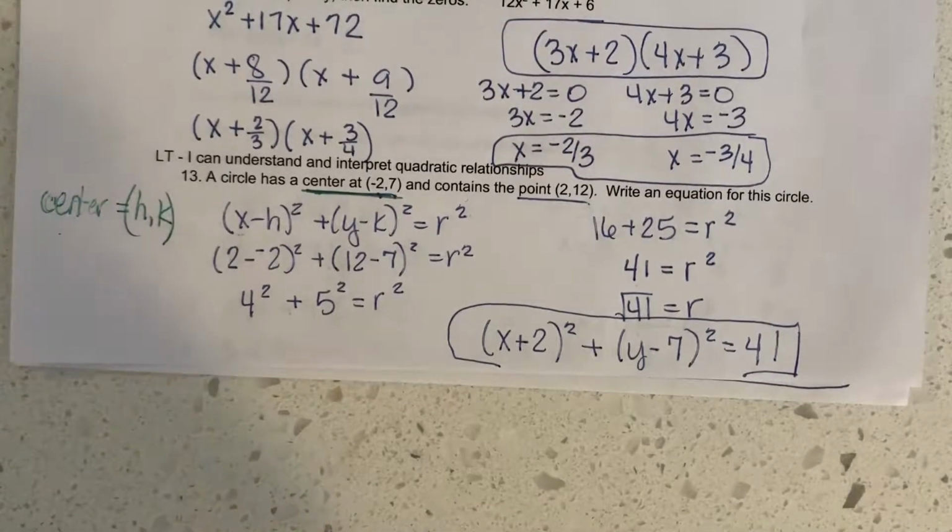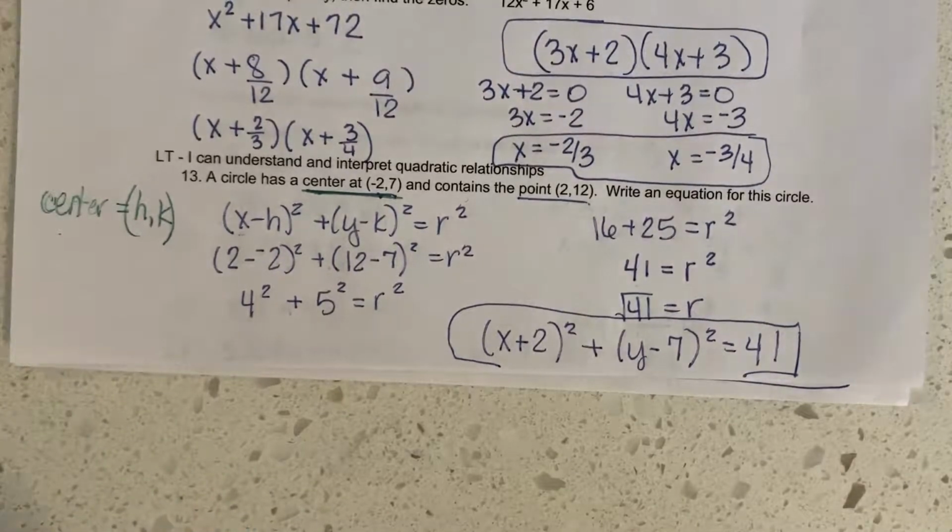Guys, Algebra 2 Regents is the hardest Regents there is, and it's so difficult to pass. But because of what's going on this year, anyone enrolled in Algebra 2 that passes the class automatically passes the Regents. So this is an amazing chance to get that Regents on the record as being passed so that you can get that advanced Regents diploma, because this is the one test that stops a lot of people.